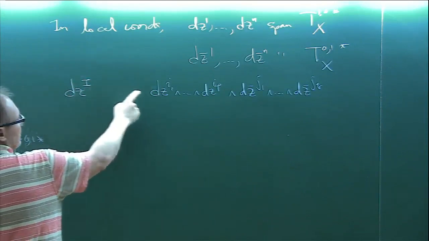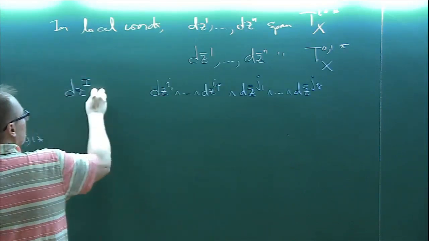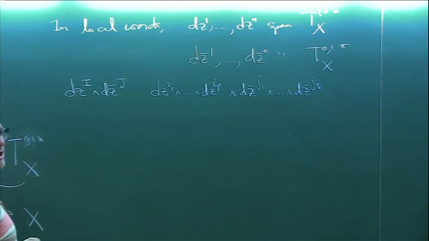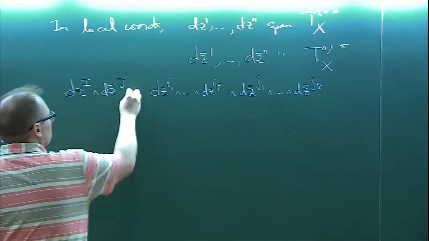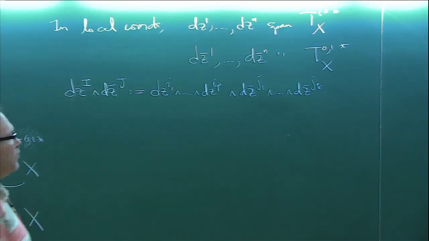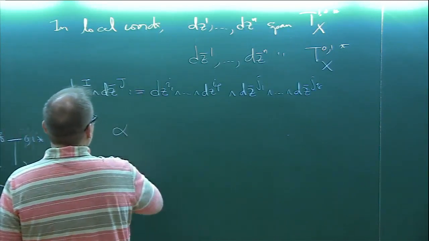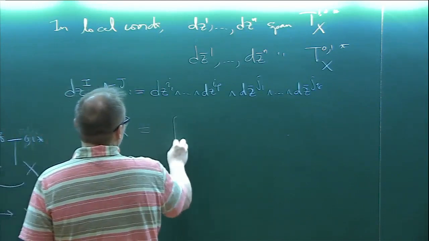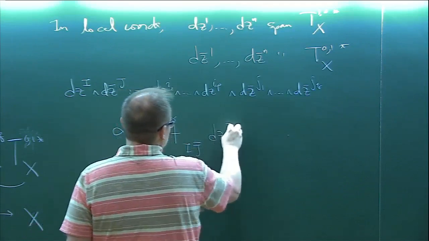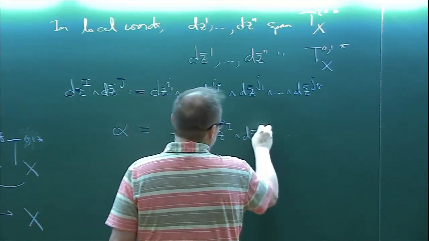This I is the multi-index with p entries. And this one, dz bar^J, J is a multi-index with q entries. So that's the definition. And so a typical differential form, say alpha, as a (p,q)-form, will look like f_{I J bar} dz^I wedge dz bar^J.